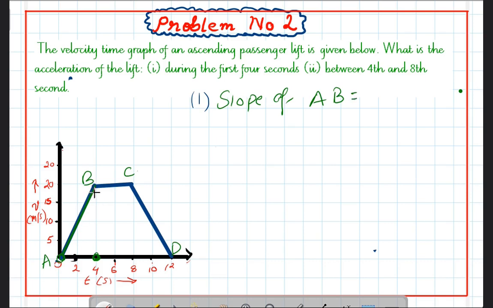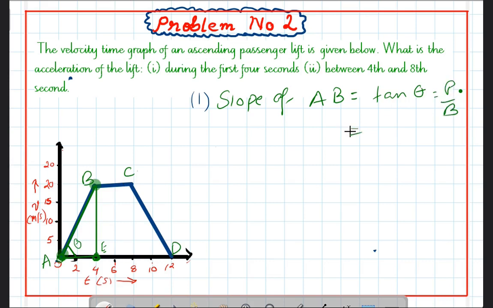Let us take 2 points first. I am taking the 2 points A and B, and let's draw a line parallel from point B and a line from A. So we got a triangle, and let us say this is my angle theta, and let's name this point E. So the slope of AB here will be tan theta, and tan theta is perpendicular by base, we know.